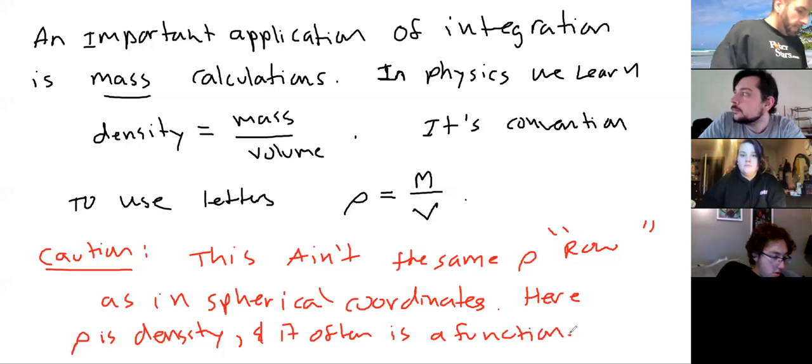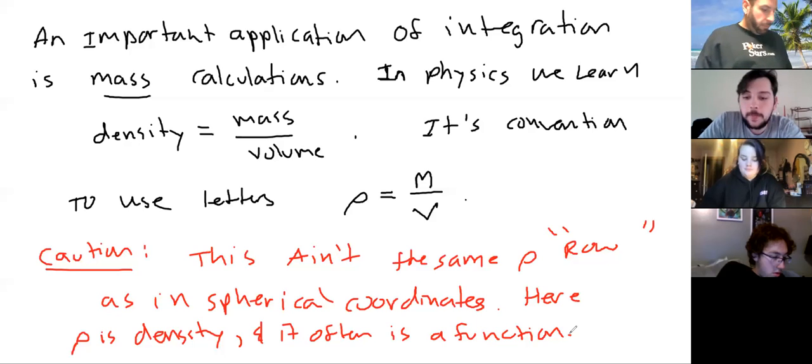So density is a very important idea, and it comes down to integration. So that's kind of what we want to talk about right now.